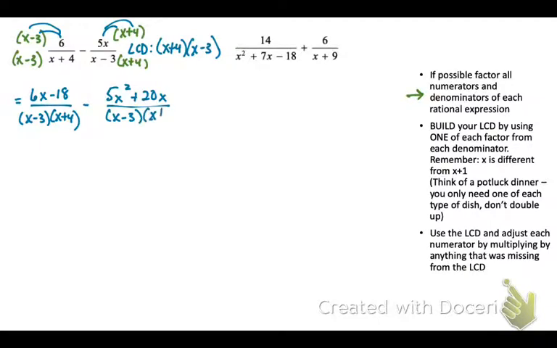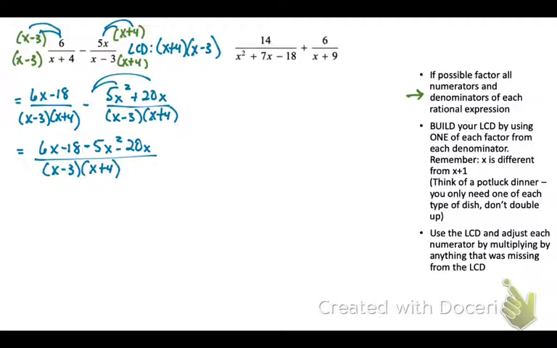Now I'm going to combine the numerator. So notice I have to subtract everything in the second expression. So negative 5x squared minus 20x, all over my one common denominator of x minus 3, x plus 4. So notice once we get a common denominator, it just holds in factored form.